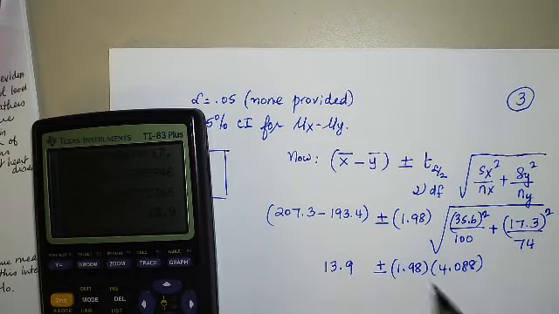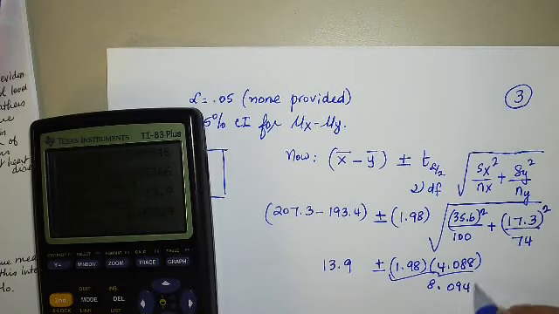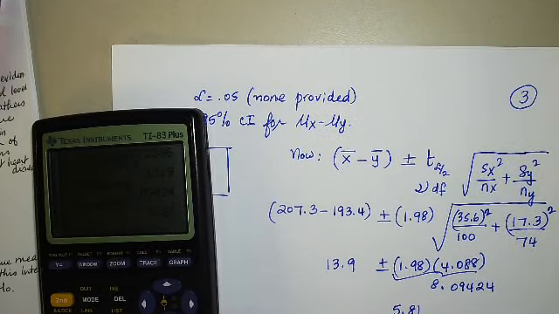and on the left side I have 207.3 minus 193.4, 13.9, and then when I multiply this I get 1.98 times 4.088, which is 8.09424.